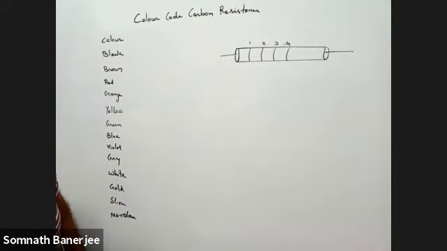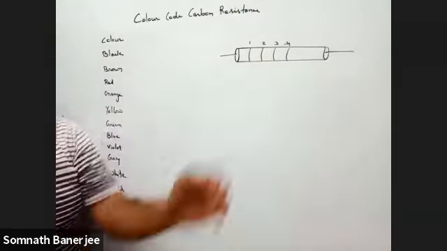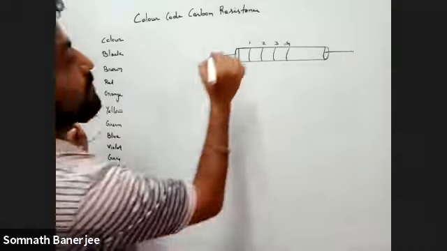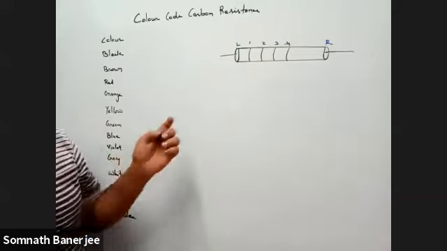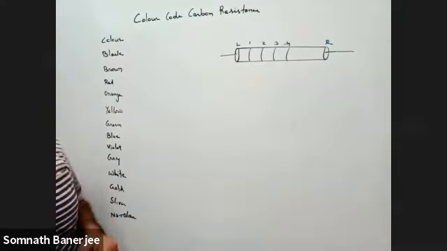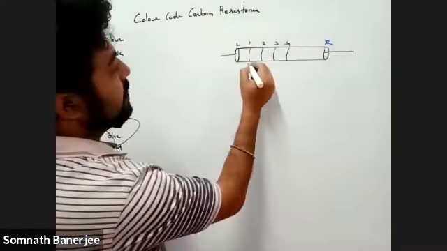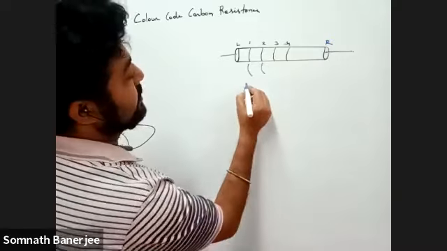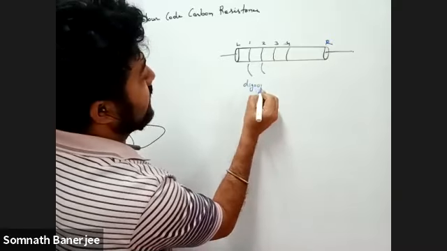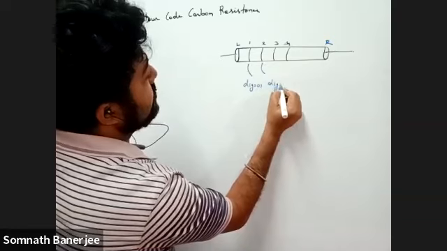So you have the same, like this, four bands, and we read it from left to right. You have four bands: 1, 2, 3, 4. The first two are the digits, digit 1 and digit 2.